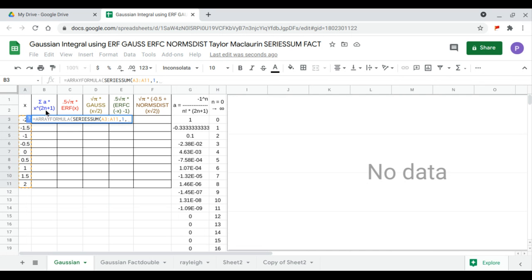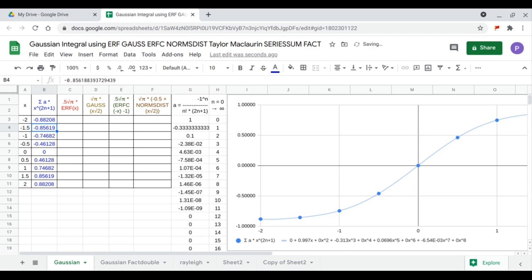So the interval is 2. And the coefficient will be this range. And here you have the trendline and the trendline polynomial of the Gaussian integral.